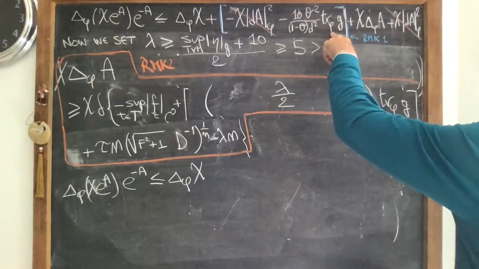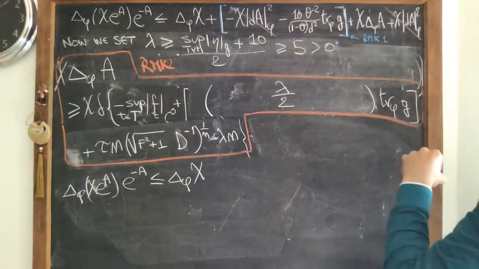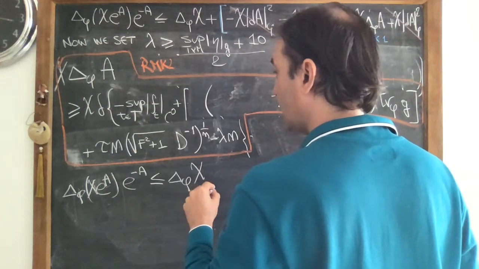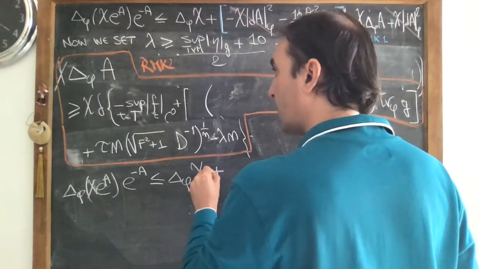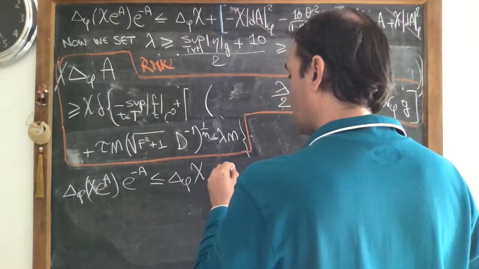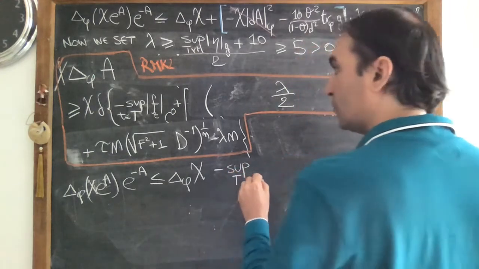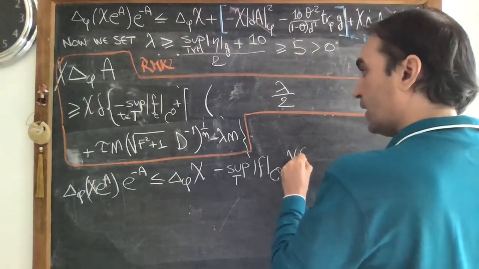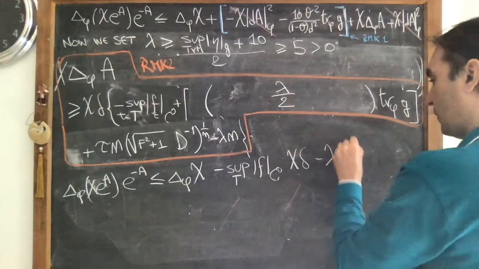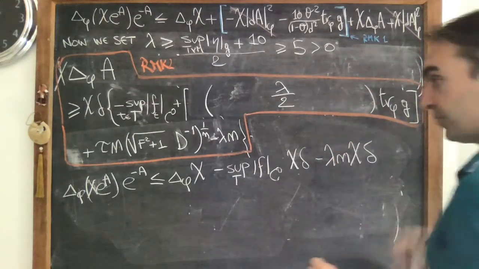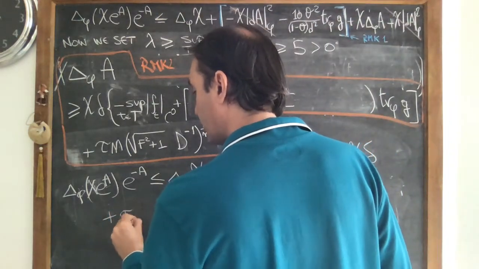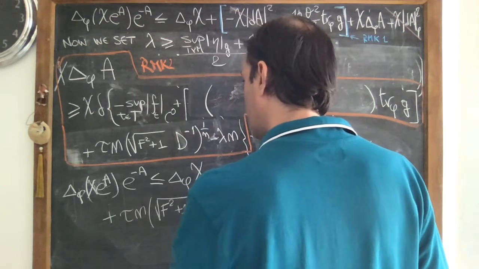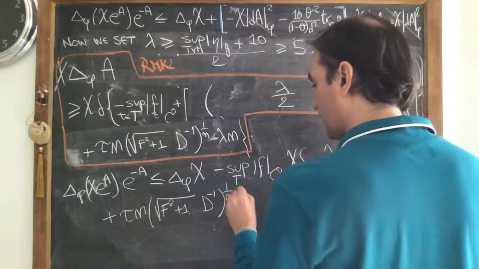Okay, now there is another trace again here, and so we want to make them together, to write them close to each other. So from remark number 1 we have minus the supremum on T of the C0 norm of small f times k times delta minus lambda n times k times delta plus tau times n times the square root of capital F squared plus 1 times capital D to the minus 1 over n times k times delta.